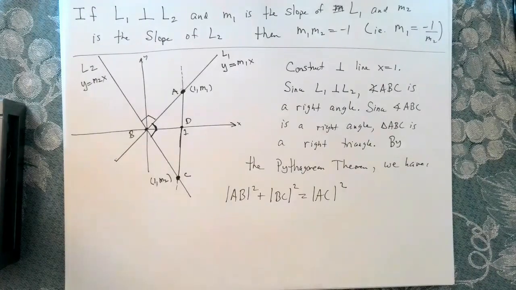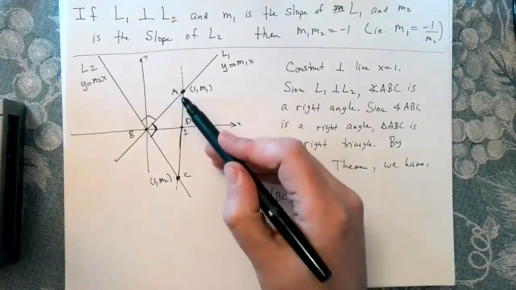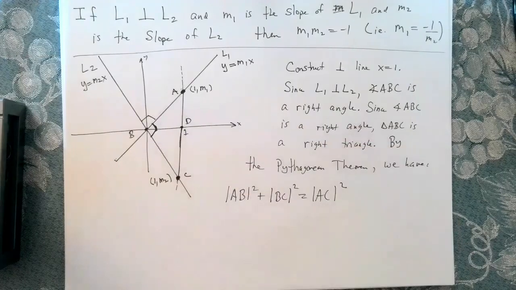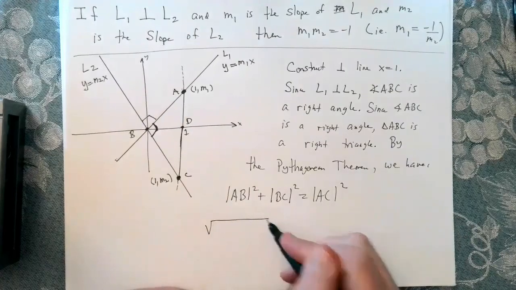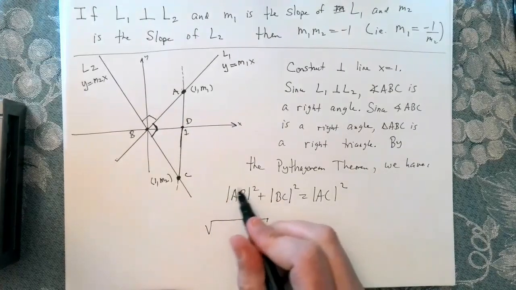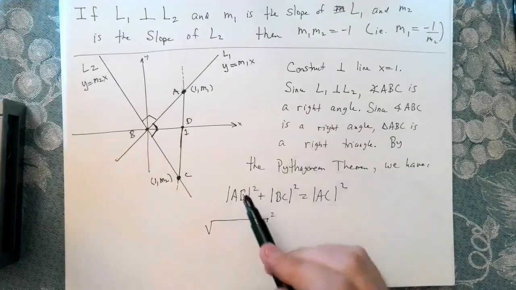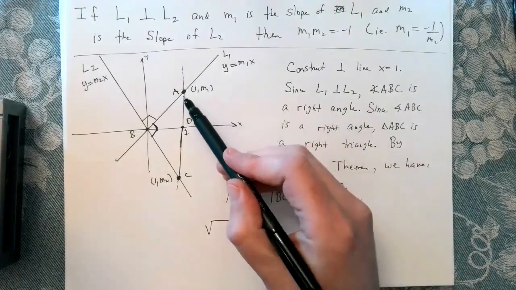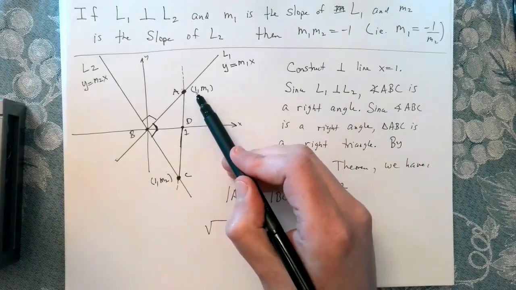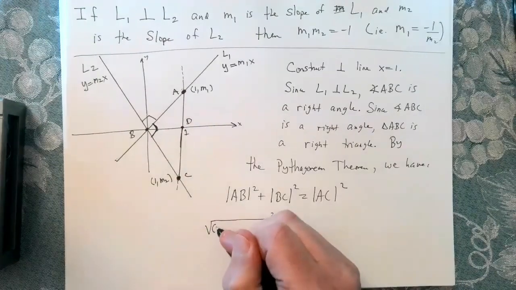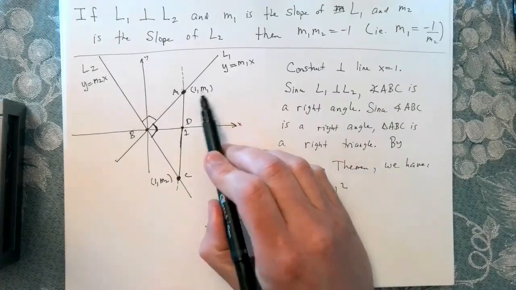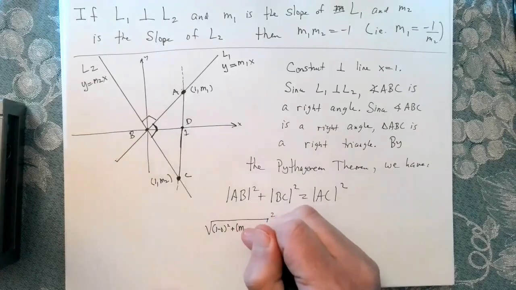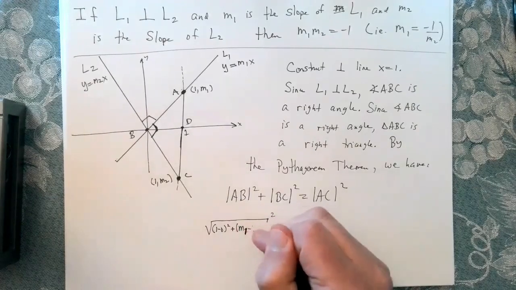But can we find the length of AB and BC? Yeah, I can find the length. Isn't the length just the distance given by the distance formula? So by the distance formula, this is going to be the distance or the length squared. So what is the distance formula? Well, it's the change in x's. So x2 minus x1 squared plus y2 minus y1 squared.